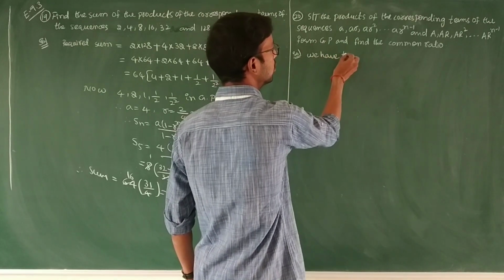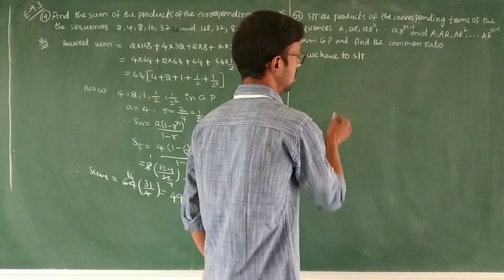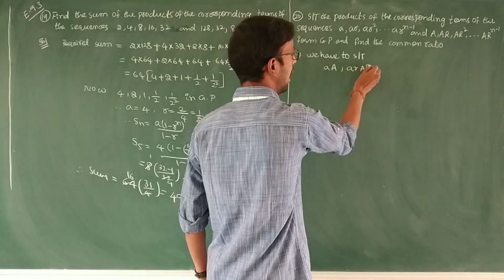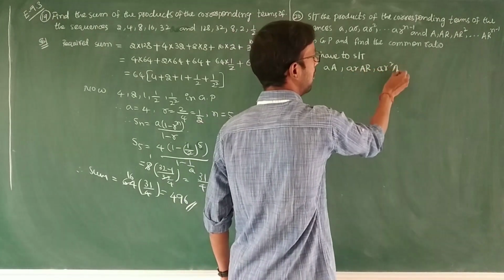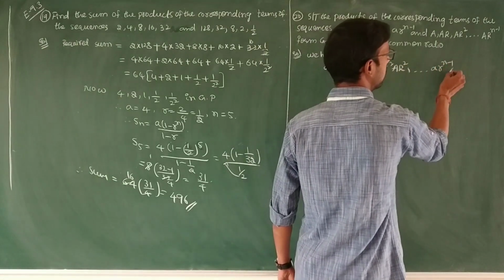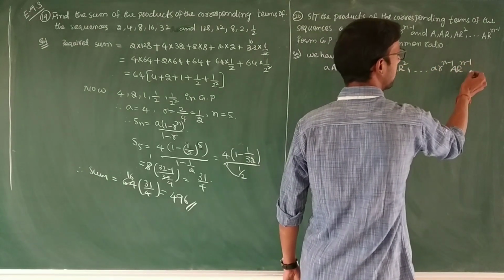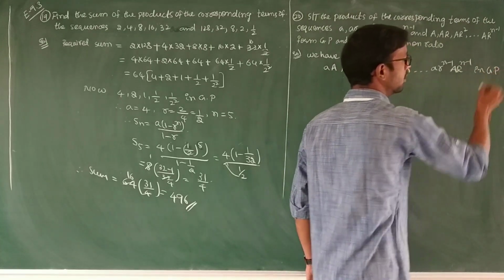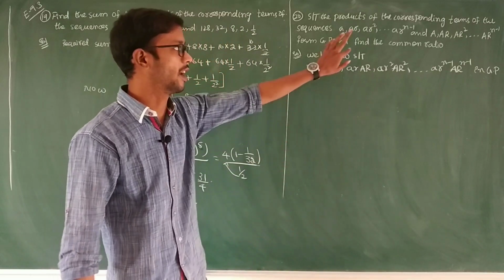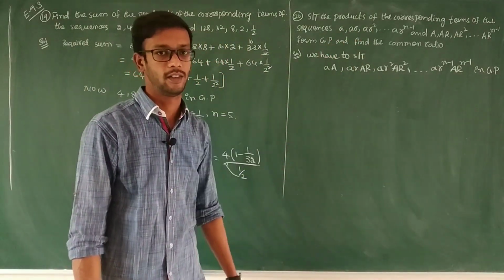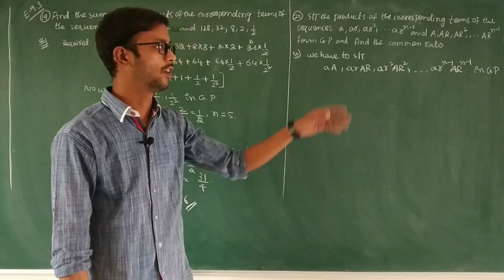We have to show or prove that A, capital A, ar, capital AR, ar square, capital AR square, and so on, ar power n minus 1, capital AR power n minus 1 are in geometric progression. We have the product of corresponding terms of the sequences. This we have to show.